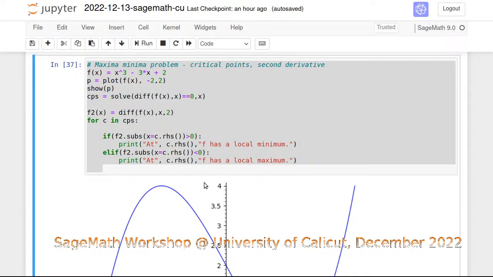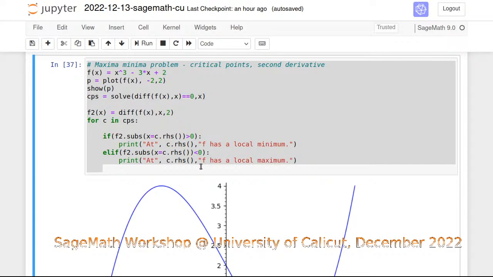So this is how we find the local maximum, the relative extremum. In this way we can locate it. Now if we want to find the absolute maximum or absolute minimum, we have to take the list of relative maxima and then take the maximum of them.